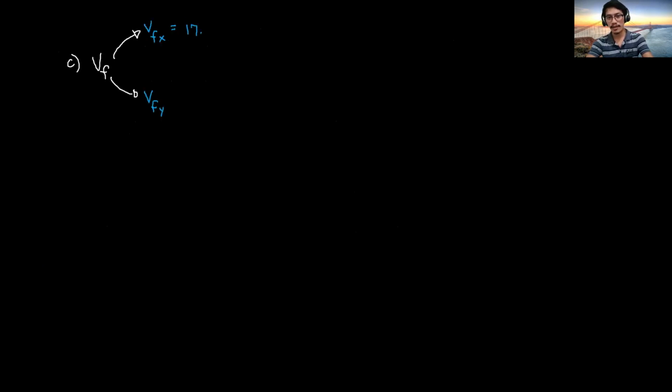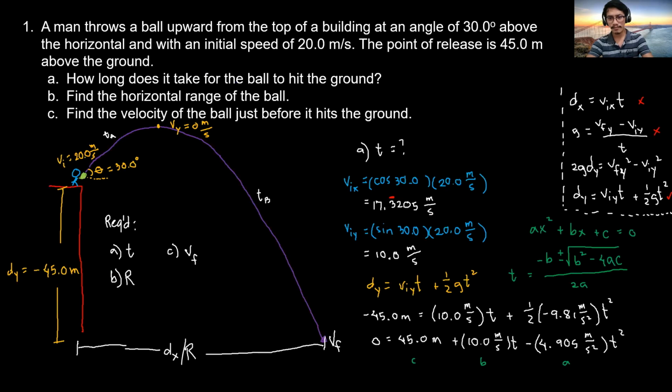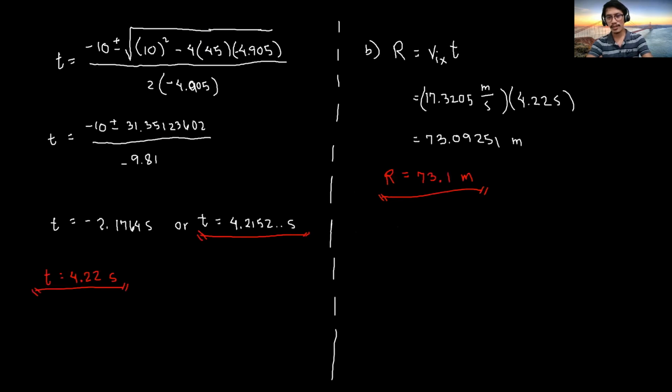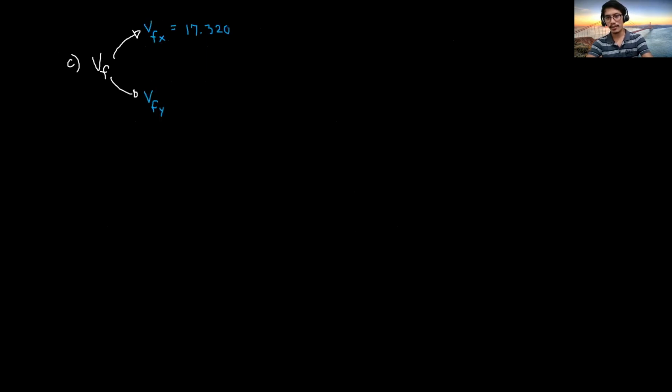So our VFX is also 17.3205 meters per second. Don't forget, meron lang three significant figures. Now, our VFY is what is unknown. That is why, before natin ma-solve si VF, kailangan muna natin i-solve si VFY.